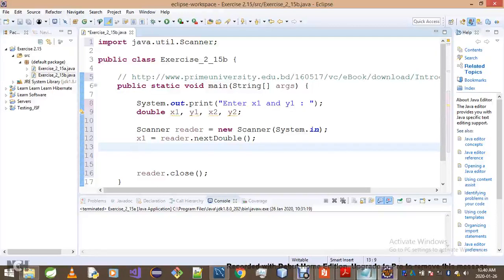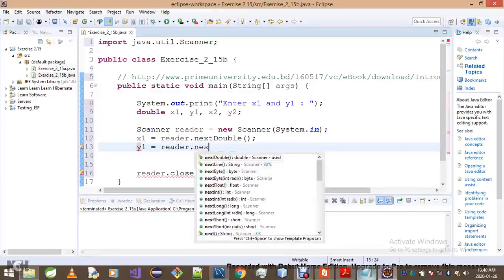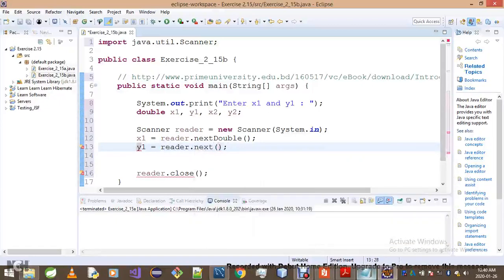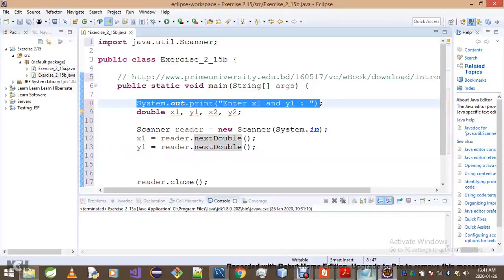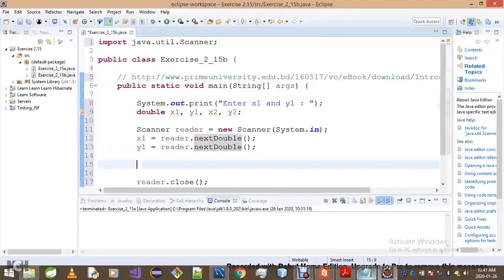Okay, what else? What I'm gonna do is simply go y1 equals reader.nextDouble. Why next? I said nextDouble, didn't I? Once you do that again, what did I say about this whole idea of copying?